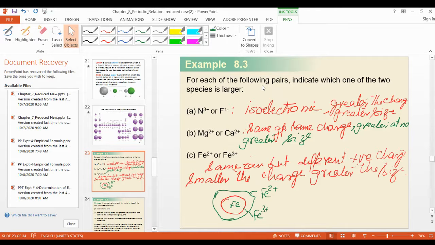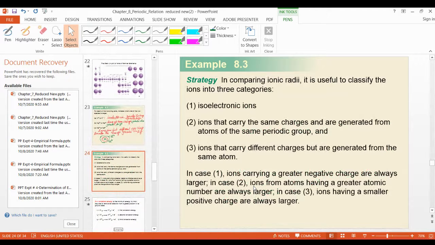So the size of the 2 plus species is greater than the size of the 3 plus species. Look at the example here: this is Fe3 plus, and this is Fe2 plus, whose size is greater than Fe3 plus. Is it clear now? The answer is already written here. This is the explanation.